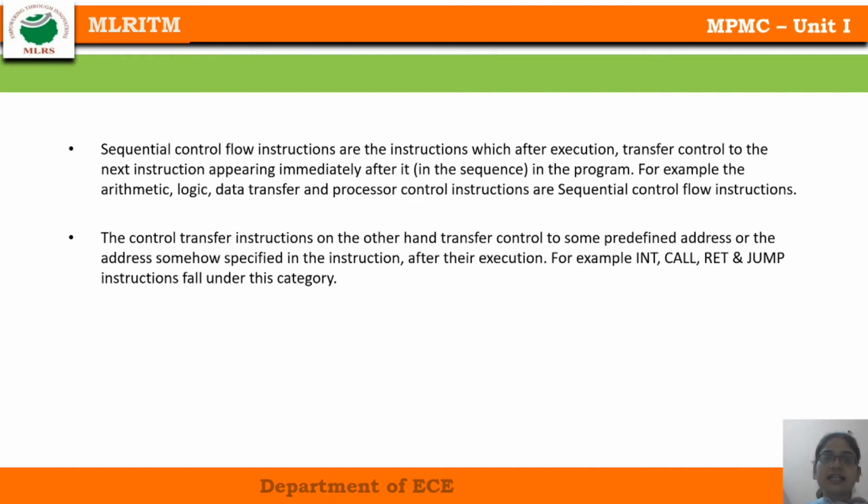They transfer the control in sequence in a program. For example, arithmetic, logical, data transfer and process control instructions are sequence control flow instructions. Control transfer instructions transfer the control to some predefined or specific address which is defined in the instruction after their execution. For example, INT, CALL, INTR and JUMP instructions.